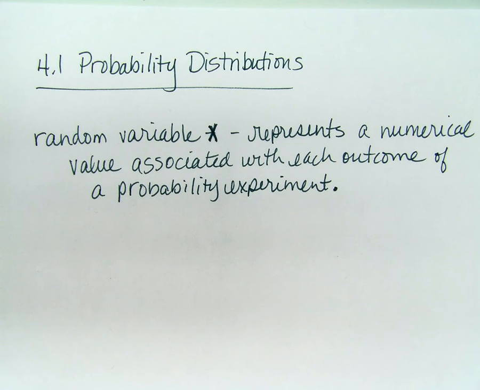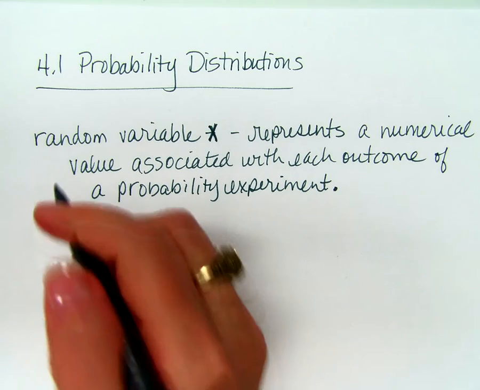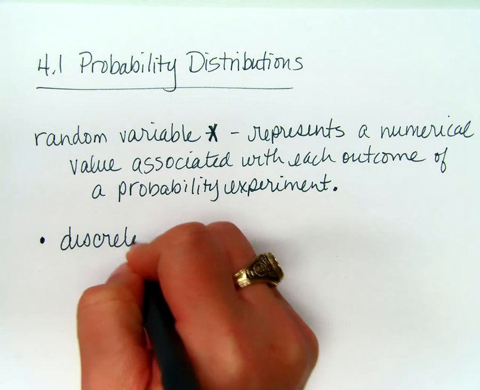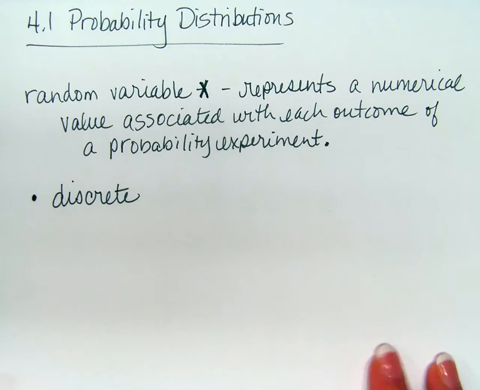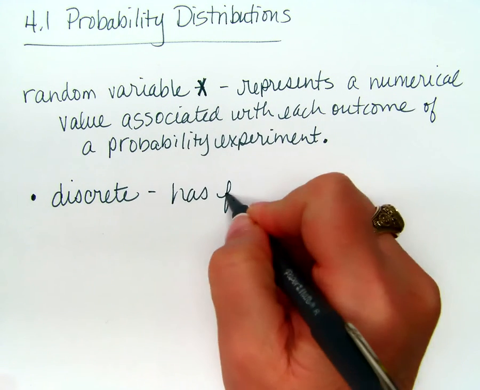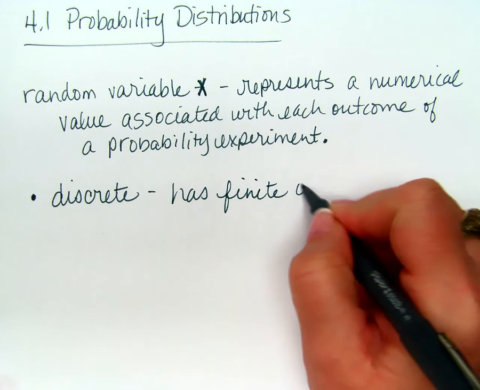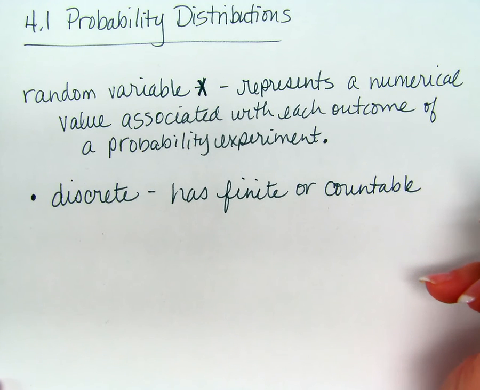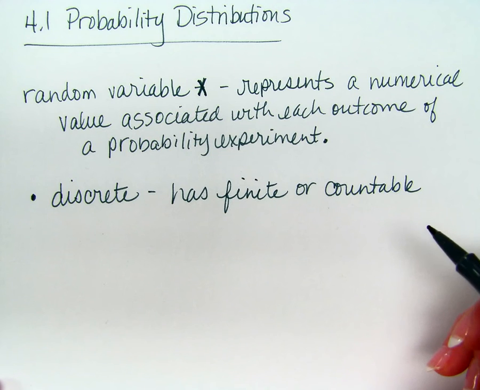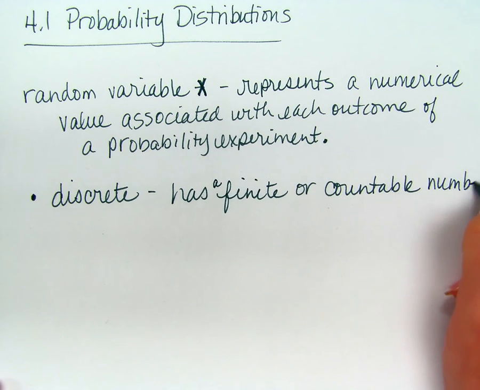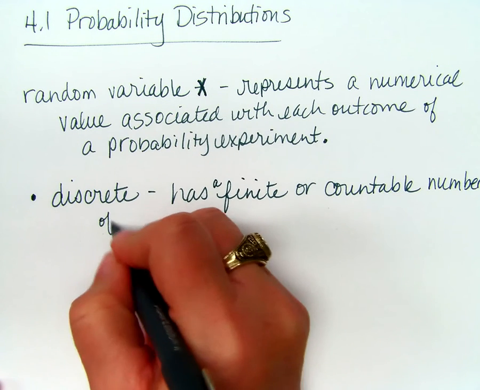Two types of random variables. The first is discrete. A discrete variable has a finite or countable number of possible outcomes.